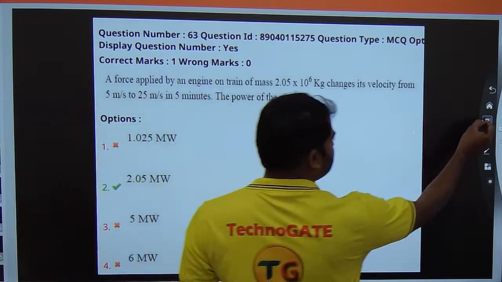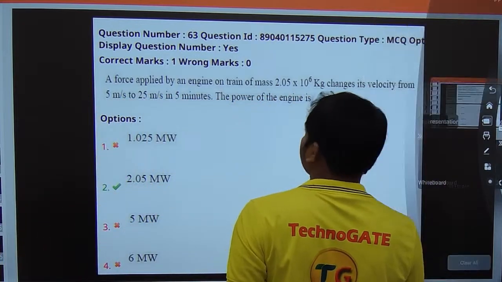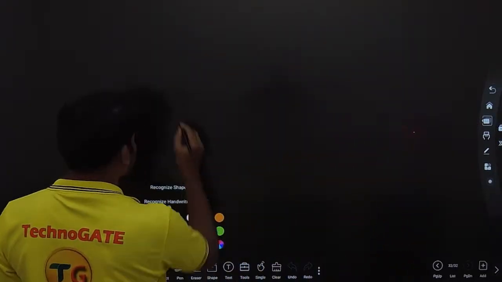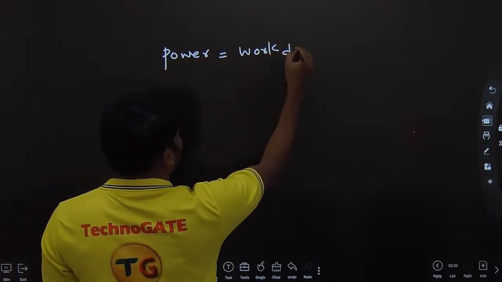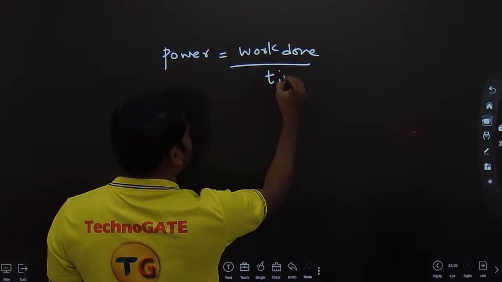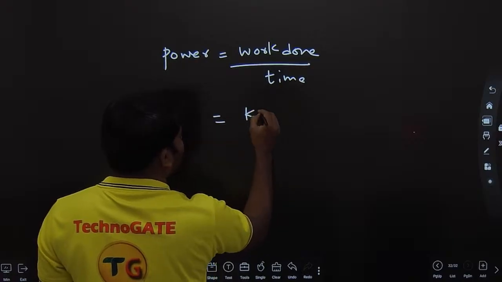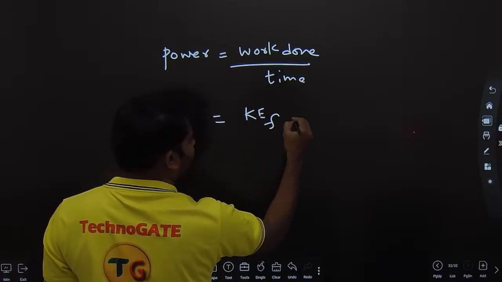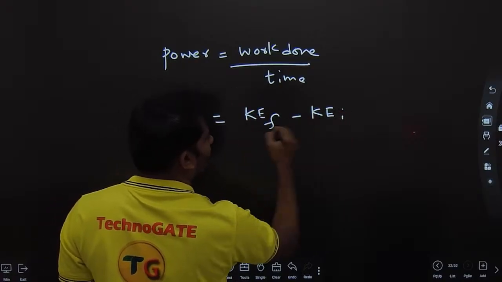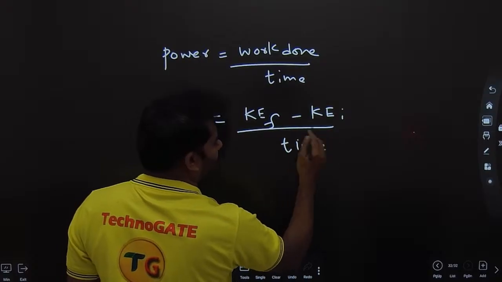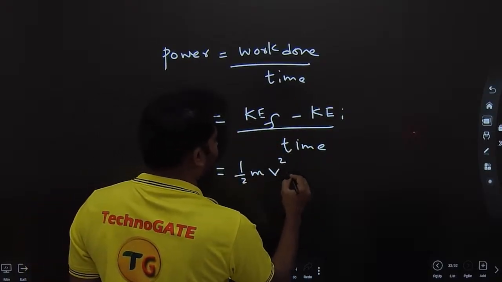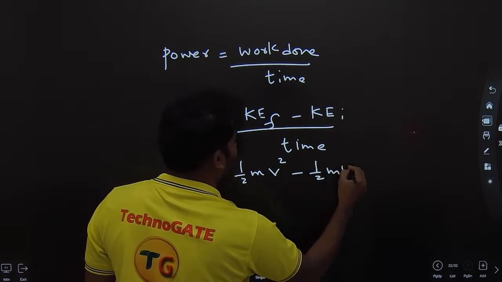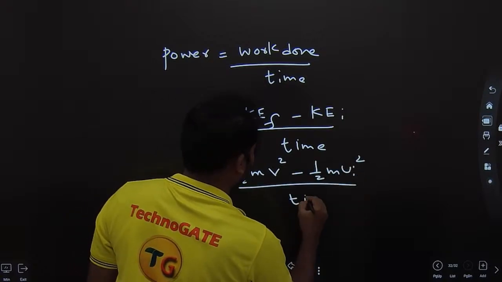Power is nothing but work done by time. Work done, from conservation, is the kinetic energy change by time.